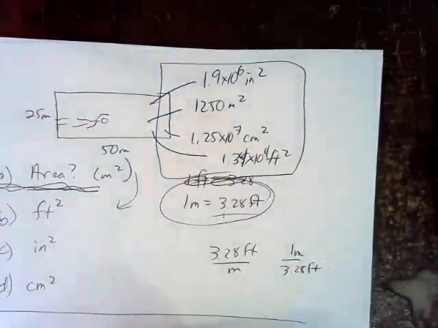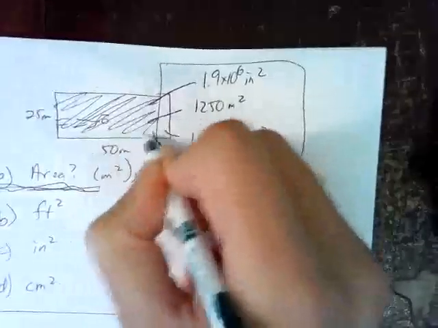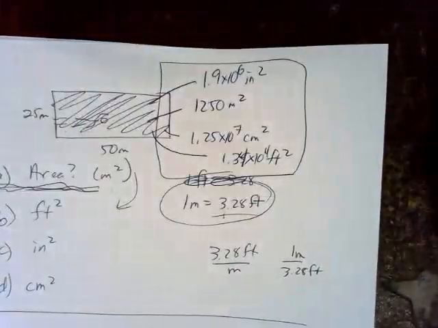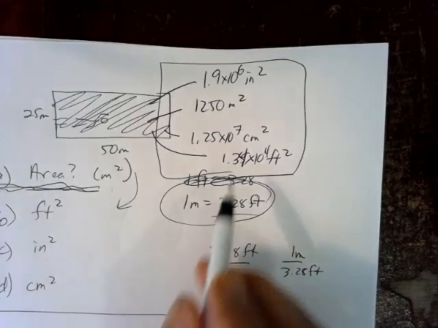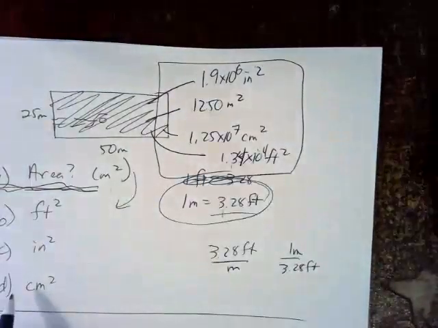All are equivalent. We're still talking about the surface area of the pool, just expressed with different units. So notice the number changes because the units are changing.